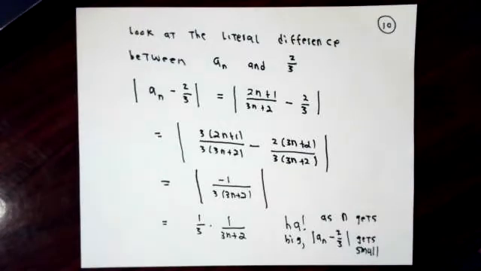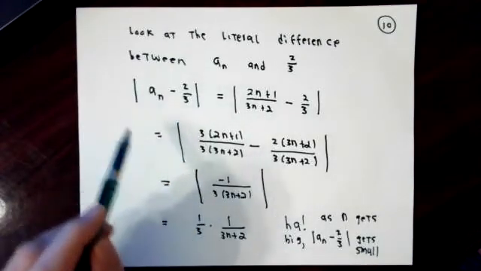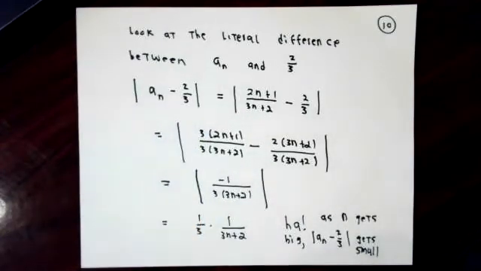As n gets real big, 3n plus 2 gets real big. 1 over that gets real close to 0. 1/3 of something that gets close to 0 gets close to 0, and our thinking is right. As you let the n get real big, the distance between a sub n and 2/3 tends to 0, which is what we said we thought.